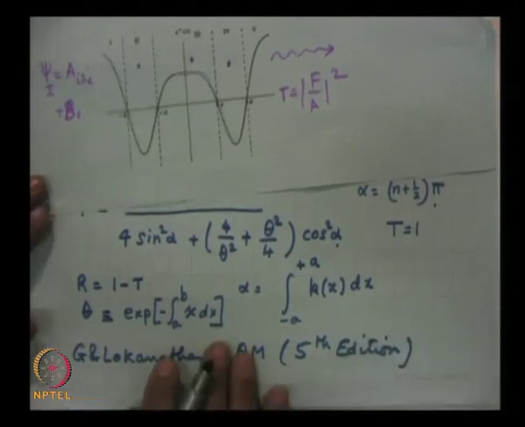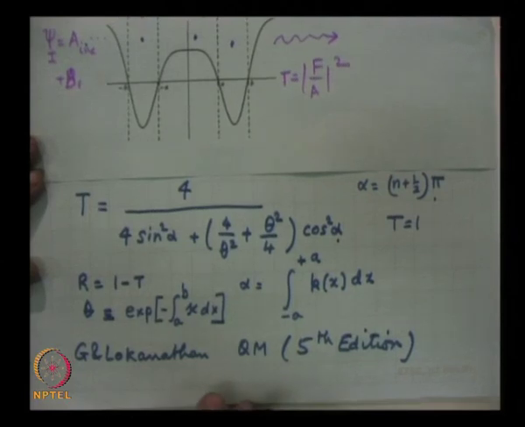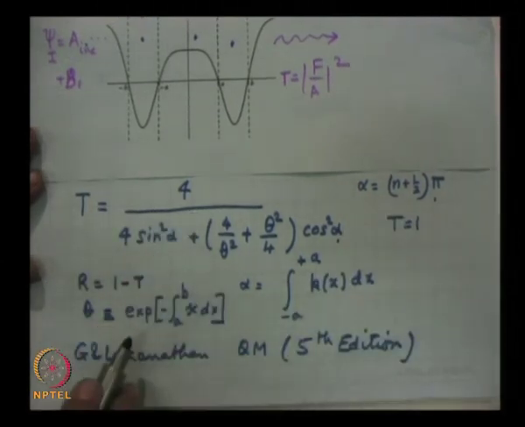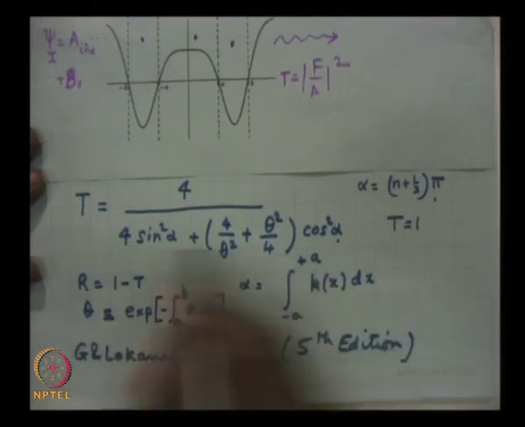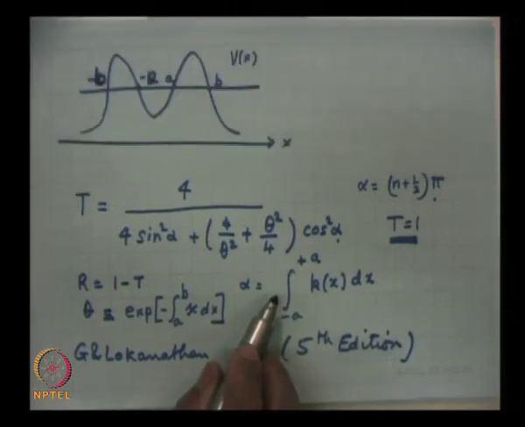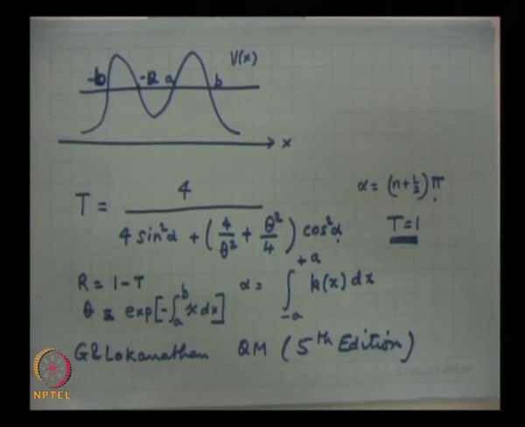But I would like you to work this out and obtain an analytical expression for the tunneling probability, and this tunneling probability becomes equal to 1 irrespective of the shape of the potential structure when alpha becomes equal to n plus half pi, and those are known as the Fabry-Perot transmission resonances.